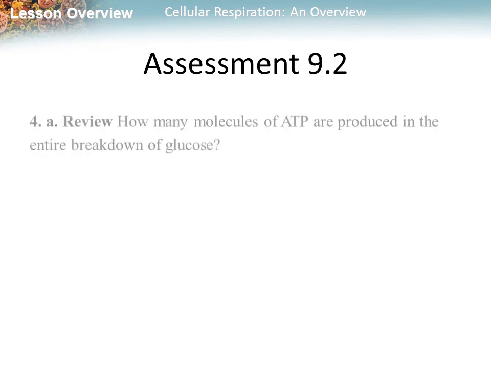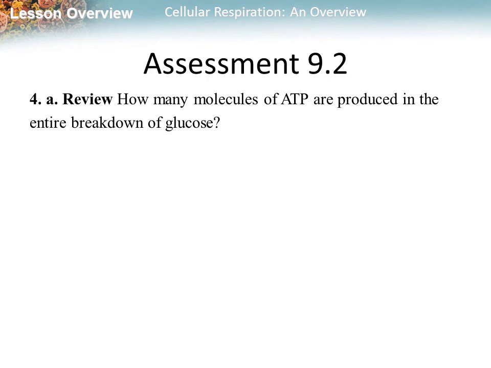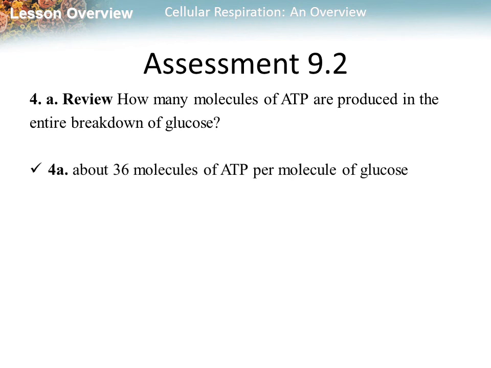Now let's see the last question. For A, how many molecules of ATP are produced in the entire breakdown of glucose? About 36 molecules of ATP per molecule of glucose.